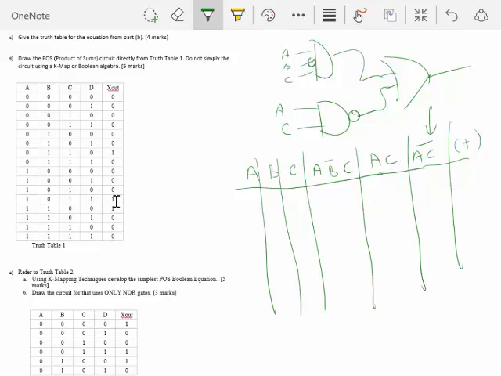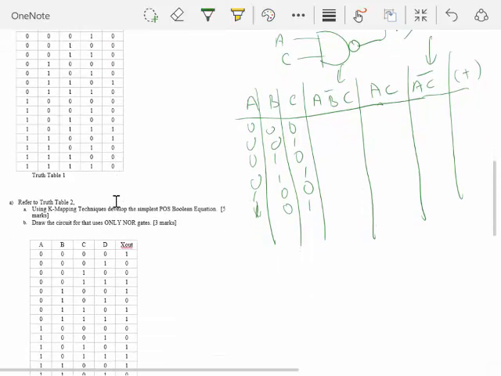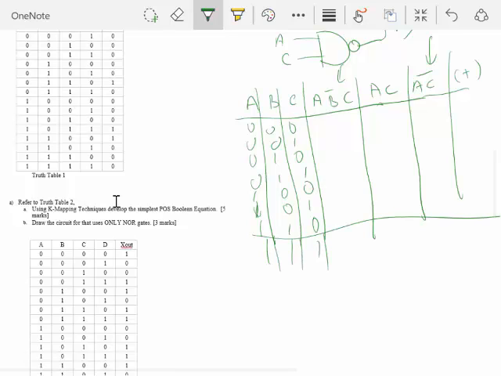This one's just to help us write that one. So 0, 0, 0, 0, 0, 1, 0, 1, 0, 0, 1, 1, 1, 0, 0, 1, 0, 1, 1, 1, 0, and 1, 1, 1.